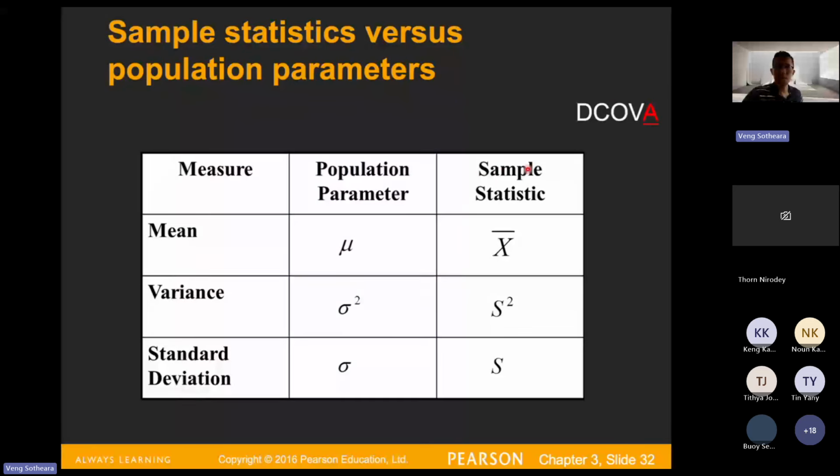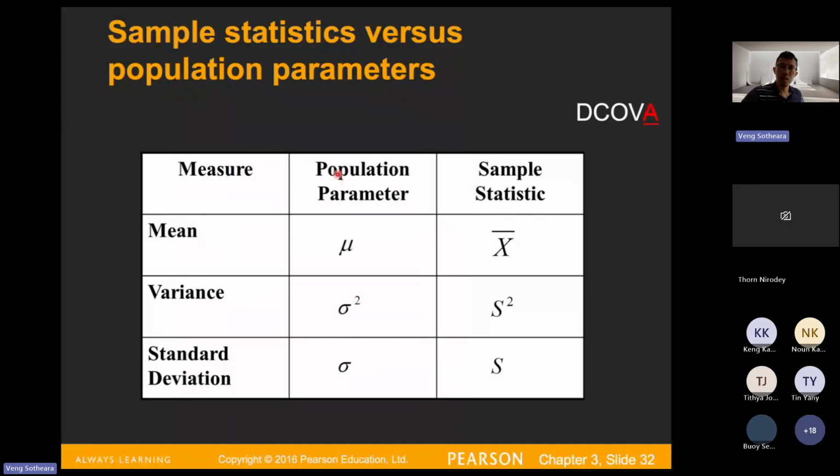But in practice, you never assess the population. What you assess is just partial information, just a sample. So if you want to estimate the mean, you have to compute X bar, right? If you want to estimate sigma, you have to compute S to estimate its value, right?